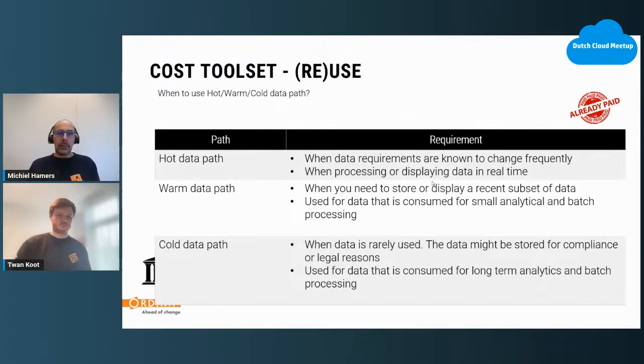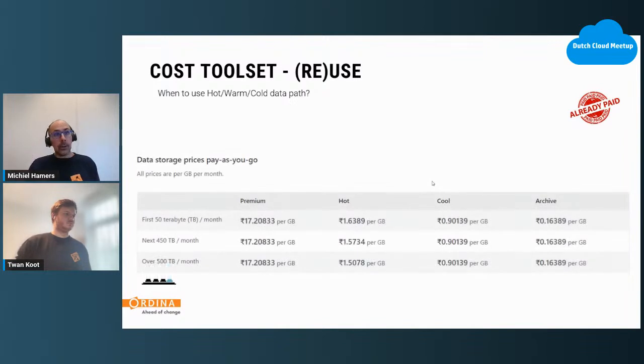But keep in mind that if you choose hot data, then the prices are really more than the other options. So in general, look at the data, classify the data, and check what you really need.